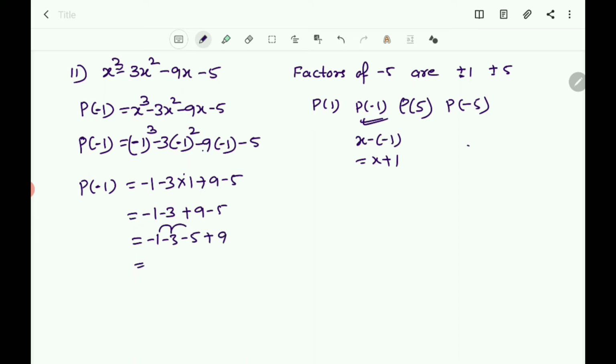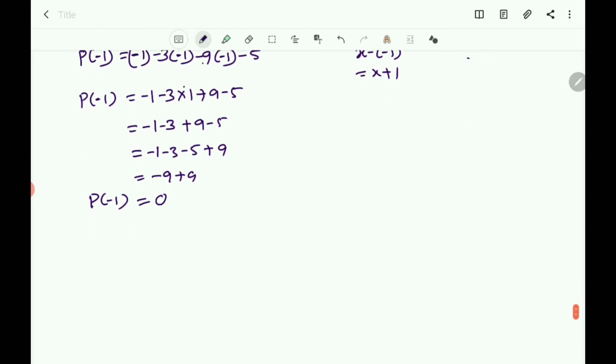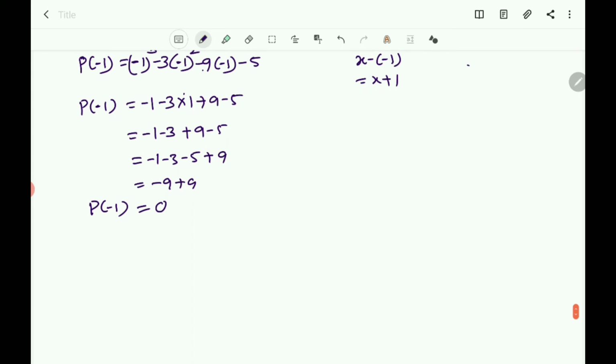So the sum of these three is minus 9. Minus 9 plus 9, so p of minus 1 you got is equals to 0 here. Minus 9 plus 9 is 0. Therefore you can say that x minus minus 1, that is x plus 1, is a factor.